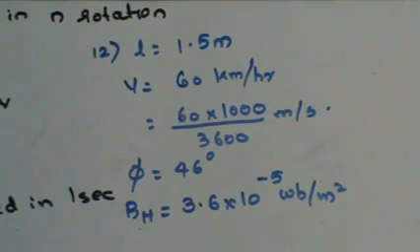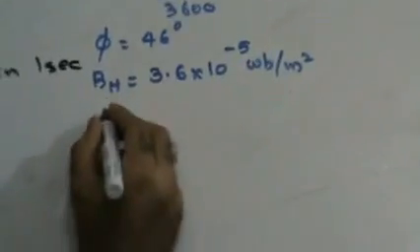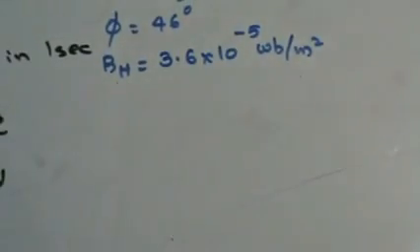Now, they've given you the horizontal component of the Earth's magnetic field. Now the axle of the wheel is going to cut the vertical component of the Earth's magnetic field.